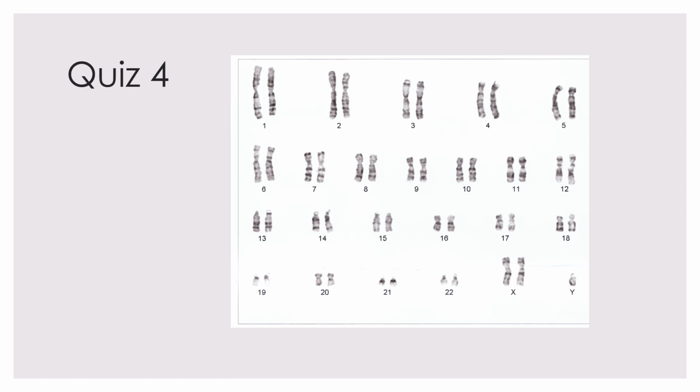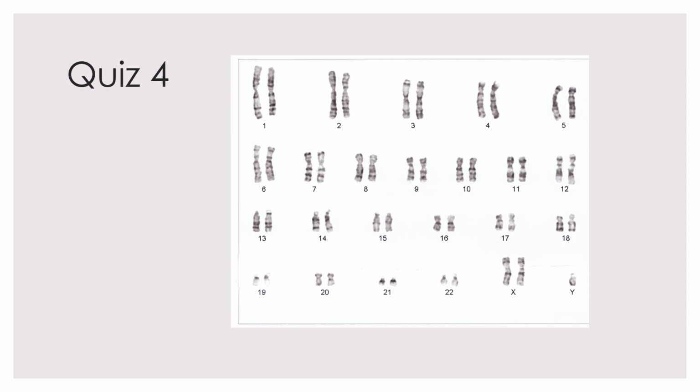If you look at this image, this karyotype, what is the problem here? 1 to 22, everything is in 2 copies, no problem. X is also double. Good. So we have 46 XX, is it? No, we have an extra Y there. That means there is an extra sex chromosome.